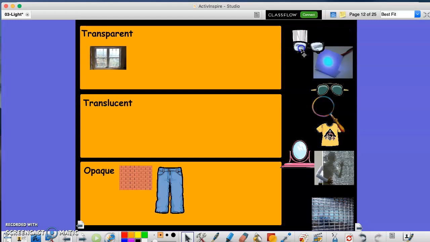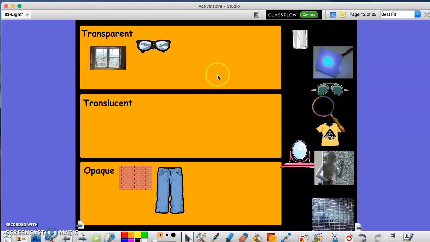I have a pair of glasses. Can you see through them, not see through them, or kind of see through them? If you guessed see through them, you are correct. I have what looks like a magnifying glass.